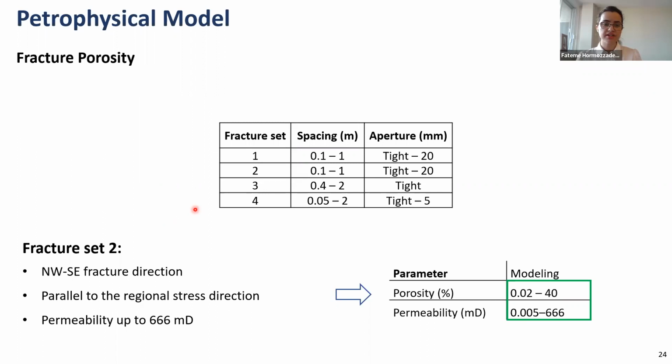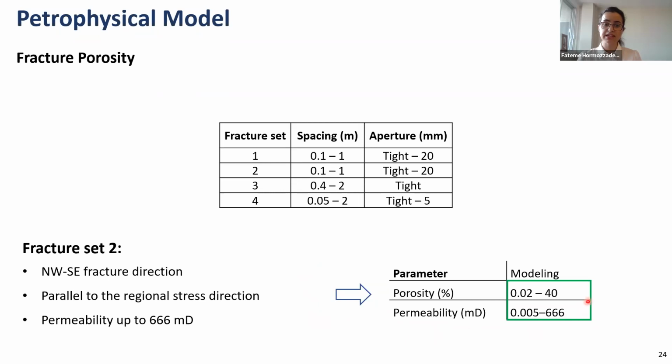These data were just the surface fracture studies, not based on borehole core data. Using these sets of fractures and modeling them, we can get the fracture porosity and permeability.